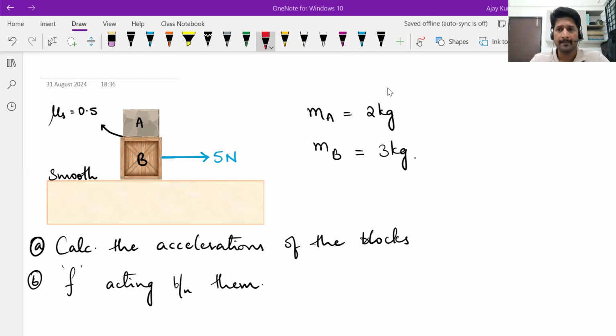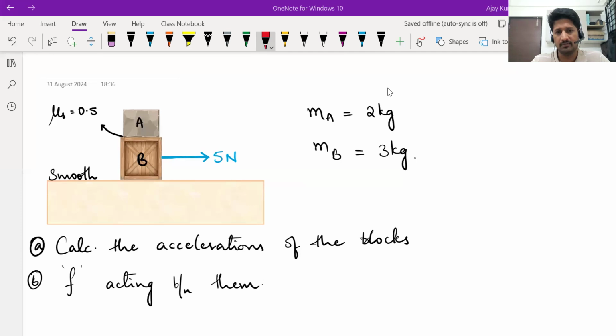Yes, sir. Then we do not take 5 kg, but only 3 kg. So we get 5 by 3. No. On 3 kg itself, 3 kg is the block B. On block B, there will be friction acting, no? Yes, sir. So we get 5 minus 15 newtons.